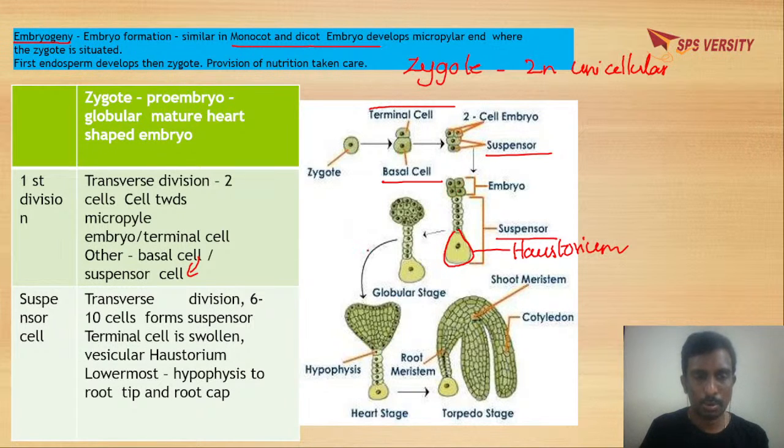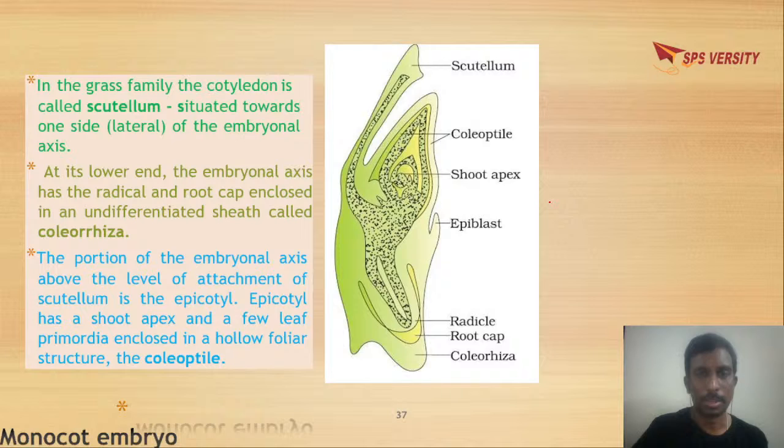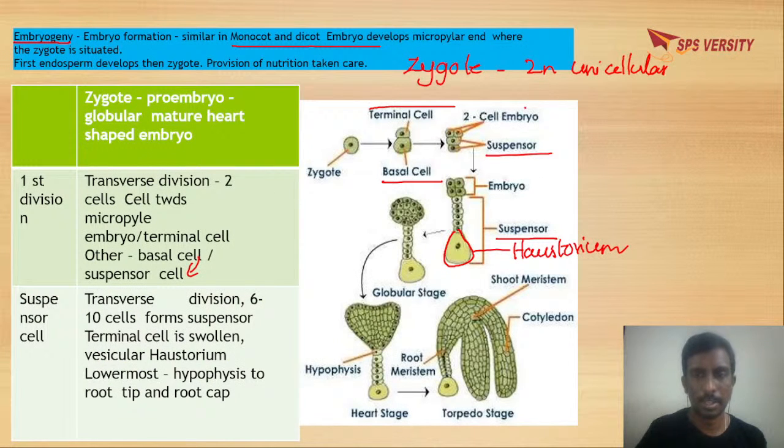In embryo development, we can see that there are different stages. Initially the embryo is globular shaped. Later on it will be heart shaped.